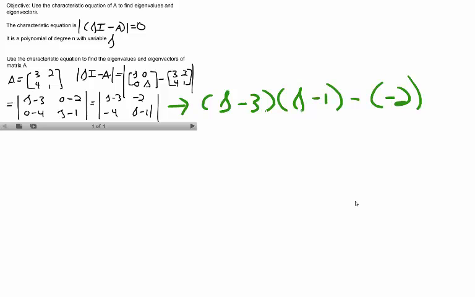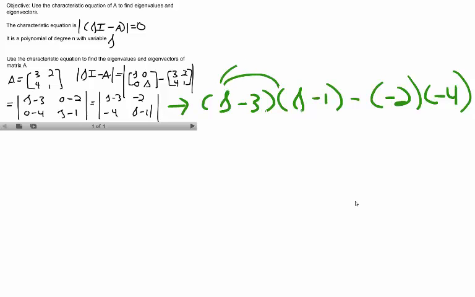So here, we're finding the determinant, and we're going to need to use the FOIL method for the first two terms. So we have lambda minus 3 times lambda minus 1 minus negative 2 times negative 4.